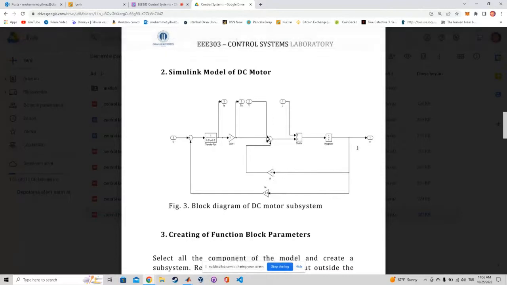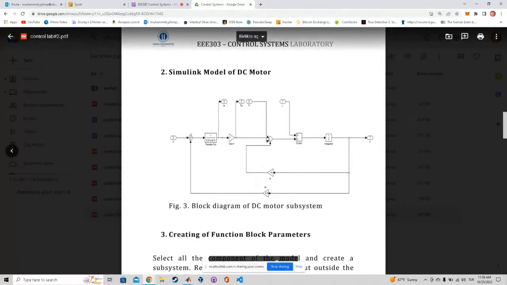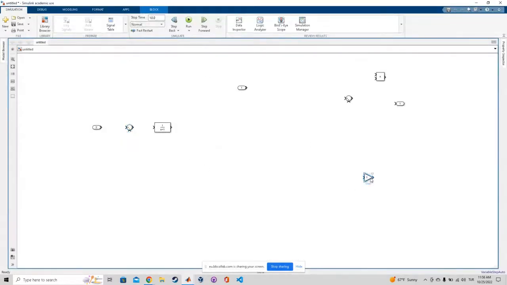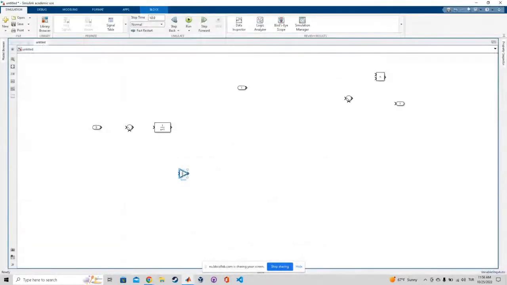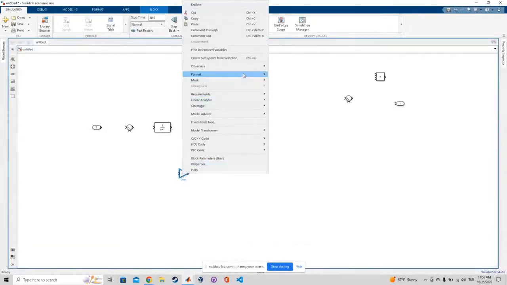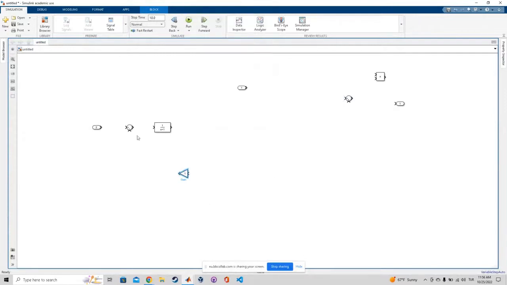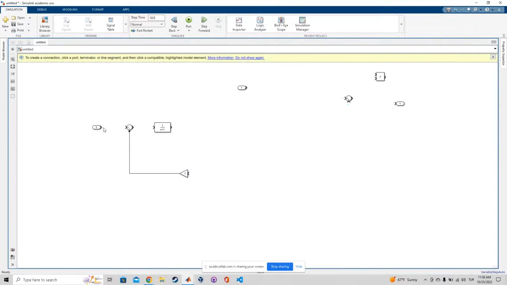Take our transfer function feedback to the sum product, and you can just take it here. So in here, this feedback is like its direction is going to left. So you can change it by clicking, like right click. You can change format and just flip the block. It will just change its direction. So you just connect it with the dots.